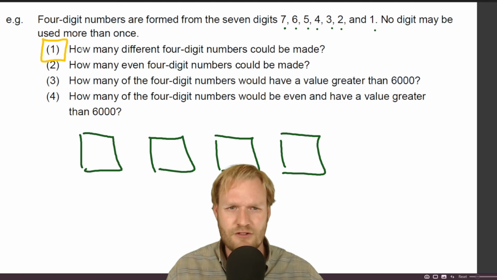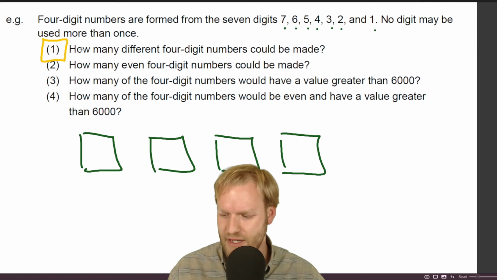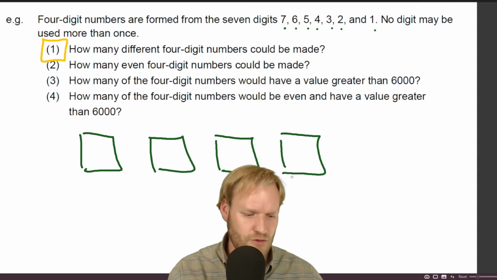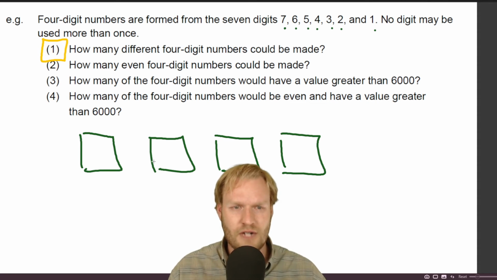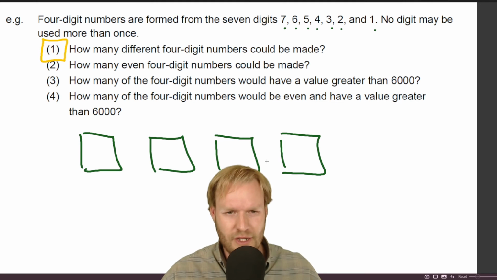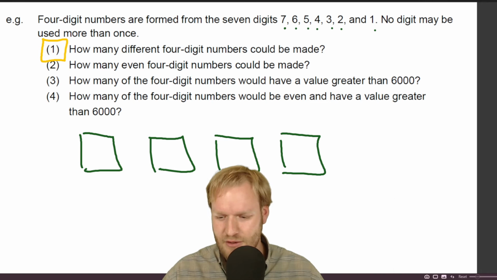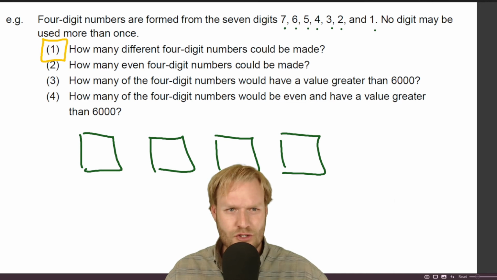How many different 4-digit numbers could be made? Well, if they're different 4-digit numbers, then how many different ones could we make? Well, I don't know. Let's see what you have to say for that one, and let's see what I get.